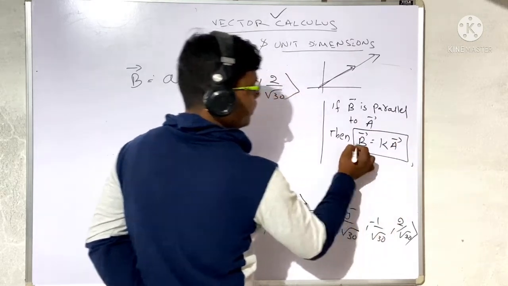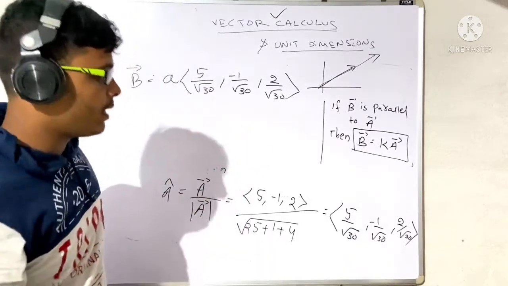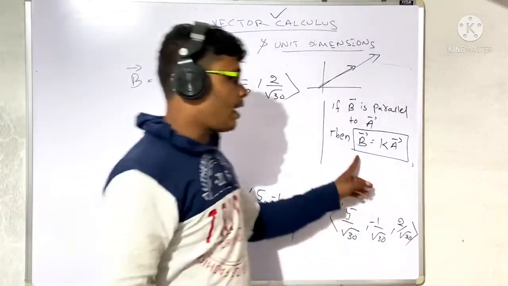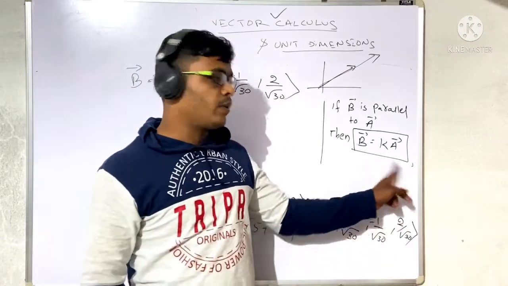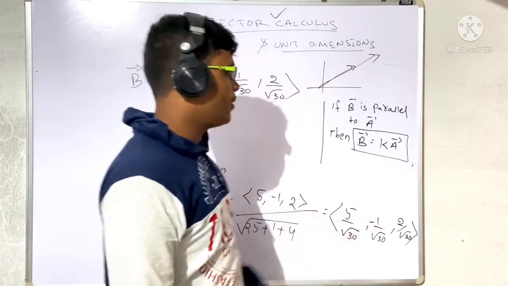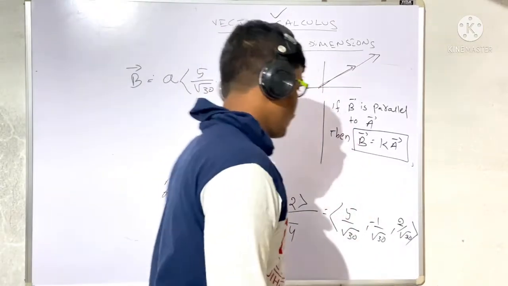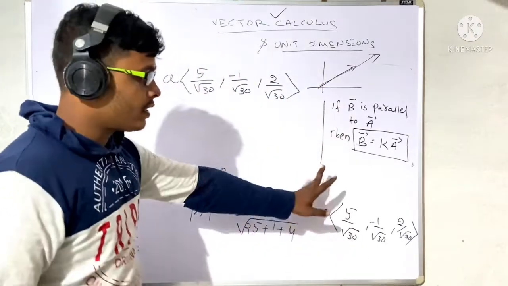Remember this: if a vector is parallel to another vector, then they are related as B equals K into A vector, where K is a constant. I am also using this technique.